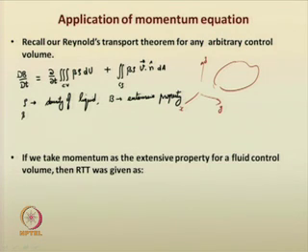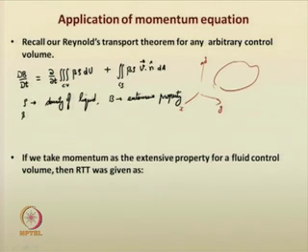You can see that the first portion of the equation, dB by dt, suggests the rate of change of that extensive property for the control volume. The first term on the right hand side shows the net generation, or how much momentum, the extensive property, is generated or destroyed inside this control volume.